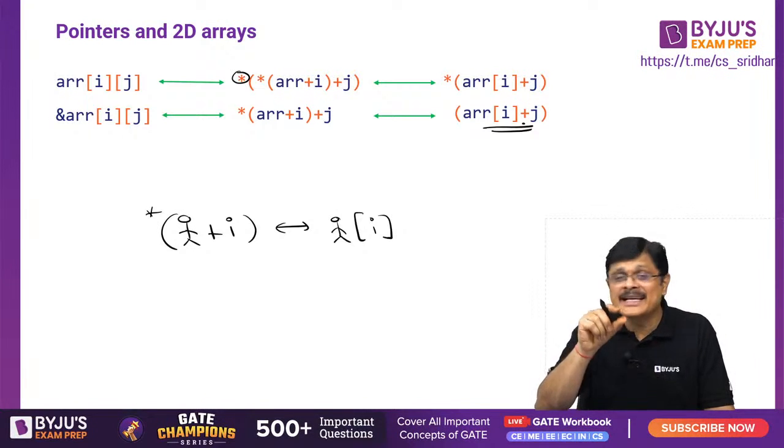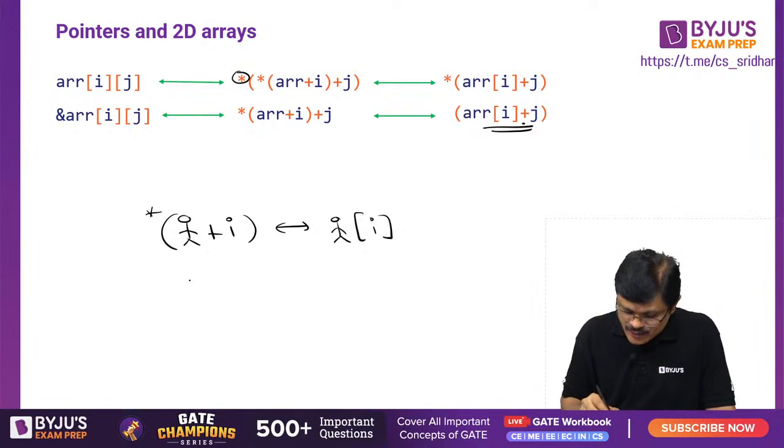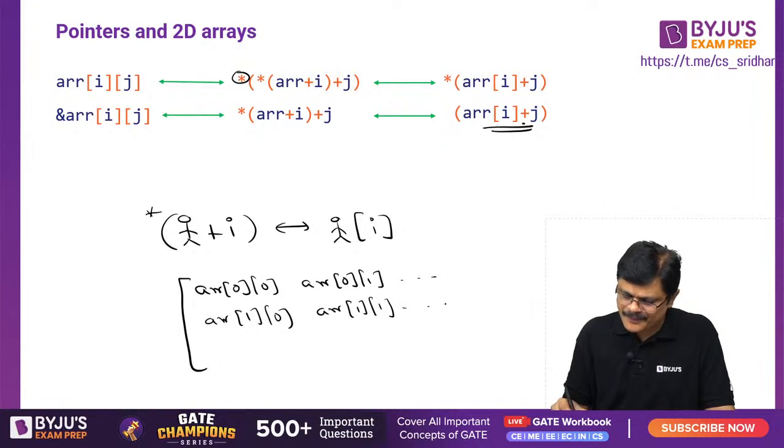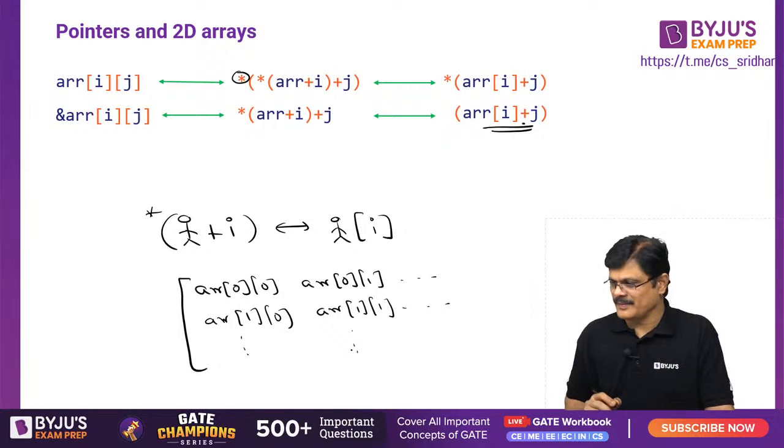When you say ijth location, you need to understand this is your arr[0][0], this is your arr[0][1], like this. And this is arr[1][0], this is your arr[1][1], etc. Is the idea clear?